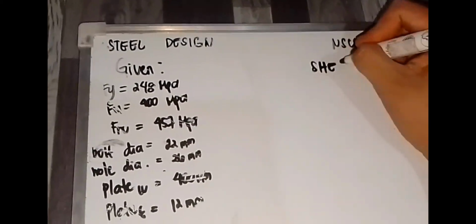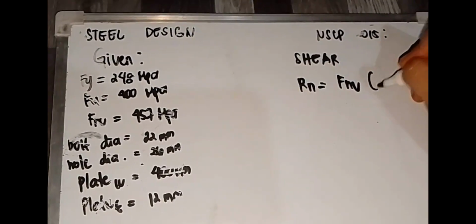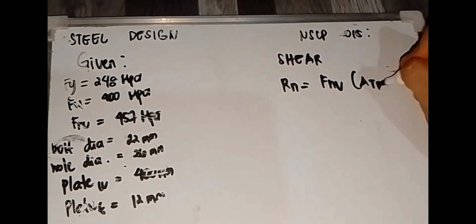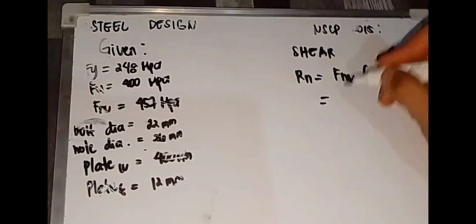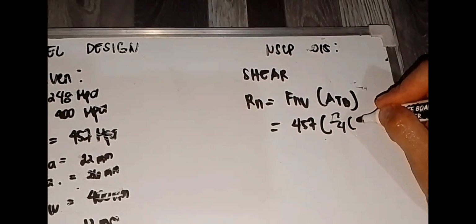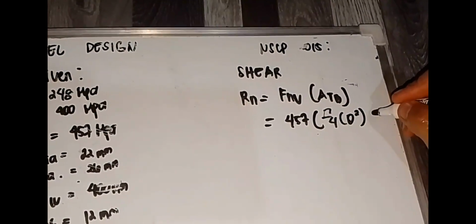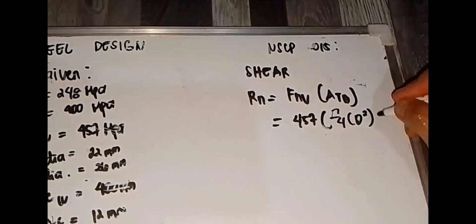So let's proceed now to shear. So to find shear, the formula is Rn is equals to Fnv times area Ab. Since Fnv is given, which is 457 MPa, to find the area of the bolt, pi over 4 times the diameter d squared times the number of bolts, which is 4.